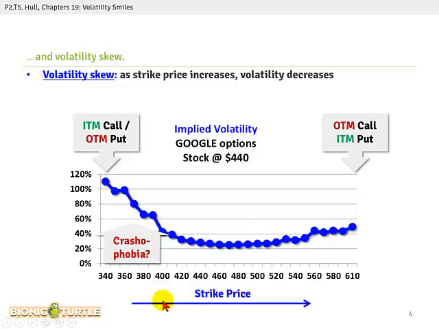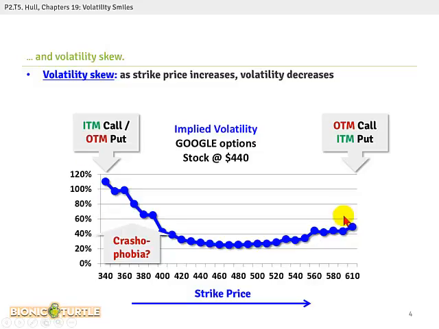And so that's an increasing stock price as the x-axis goes to the right. And what does that mean in terms of options? I would draw attention to the fact that here at lower strike prices, that implies in the money calls. So as we move to the left, increasingly deeply in the money calls, but also with lower strike price, it's out of the money puts.